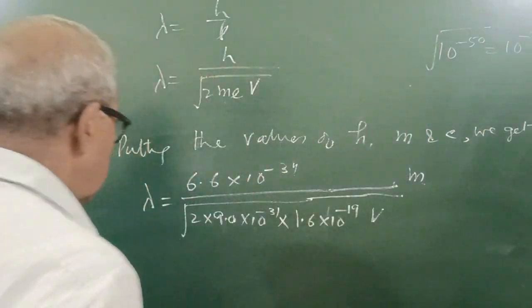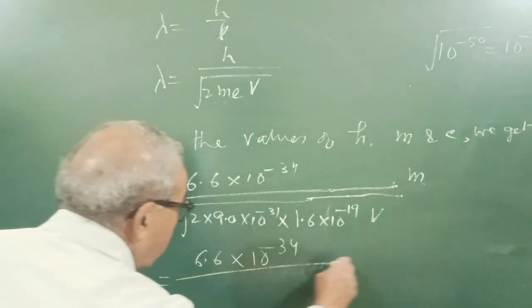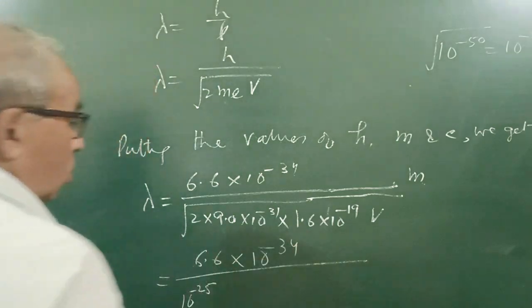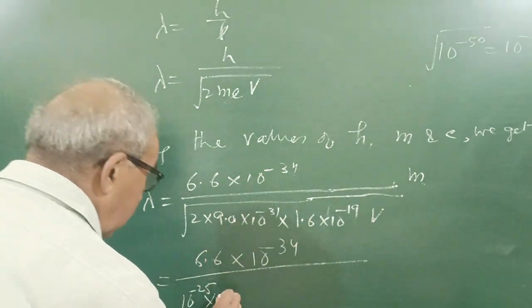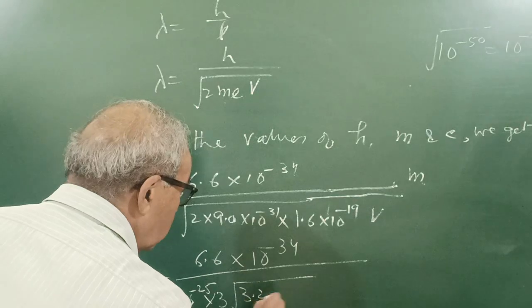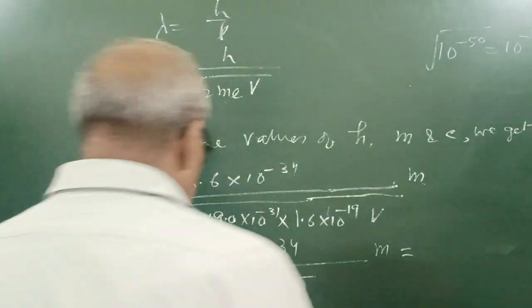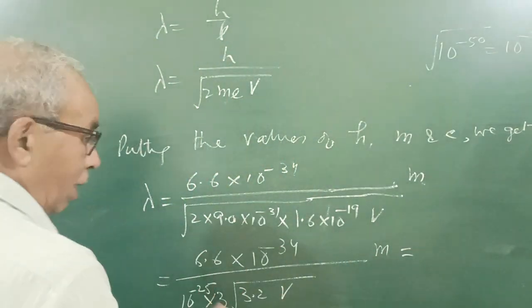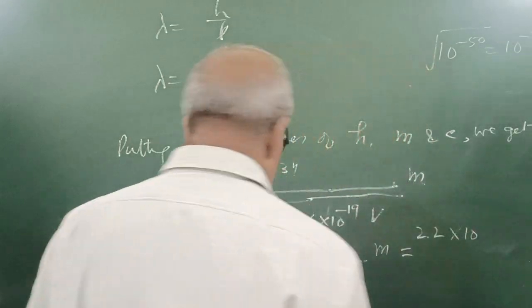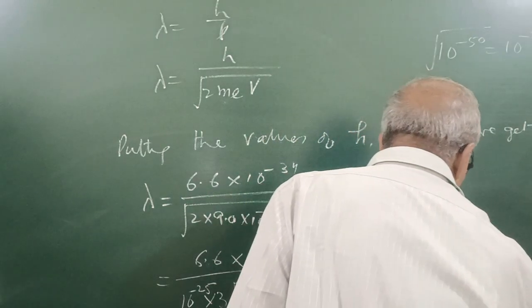So you can write 6.6 into 10 to the power minus 34 upon 10 to the power minus 25 under root 3.2 V meter, which equals 2.2 into 10 to the power minus 9 upon under root 3.2 V.